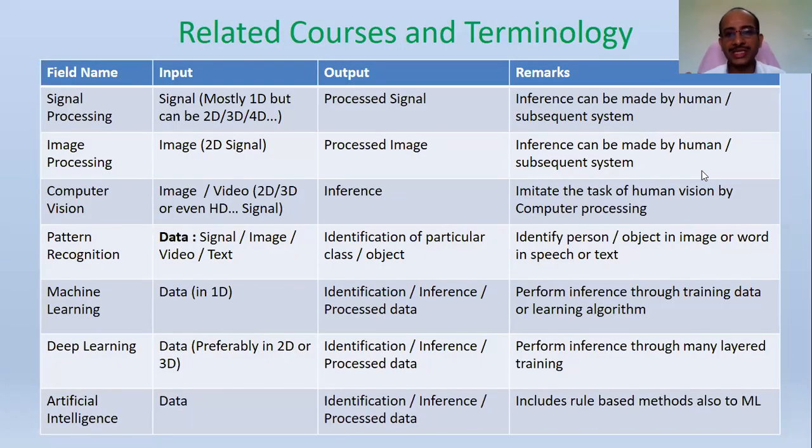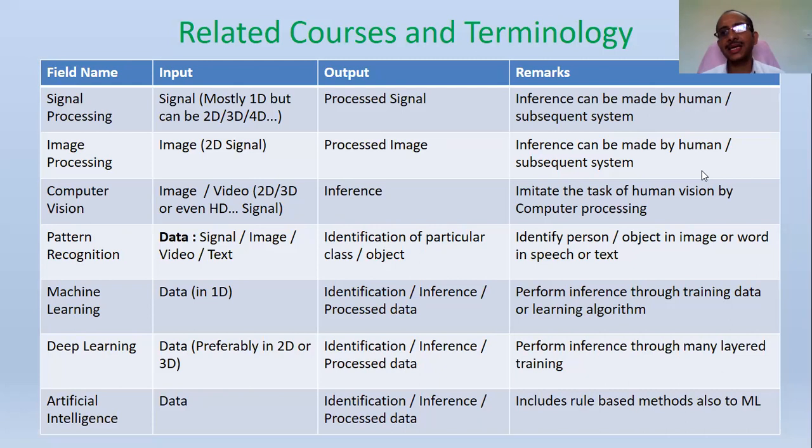To distinguish the similar terms or courses, here are the overall details. Signal processing, as you know, deals with input being a signal that mostly is generated from a natural phenomenon or a natural system, and it has a sequence in it.